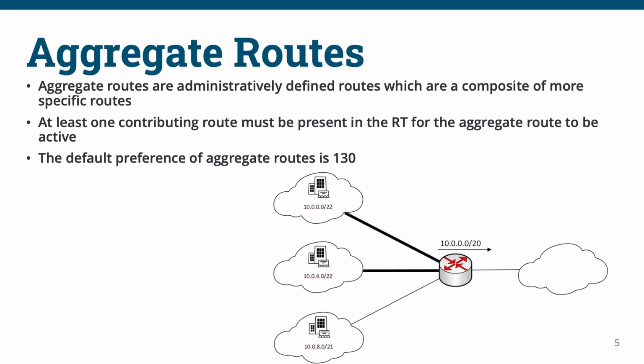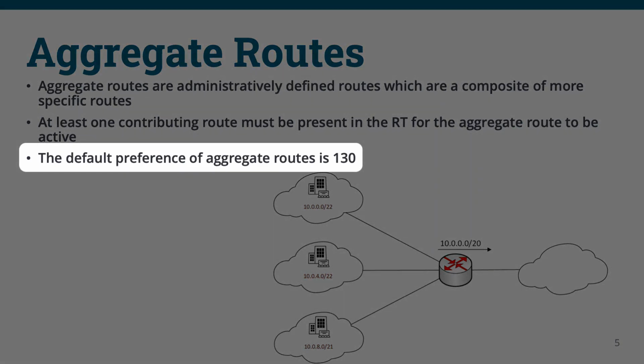Even if two of these three contributing routes are flapping, that will not cause any changes to the presence of the aggregate route, and thus could limit the number of routing updates propagated to the other nodes within your network.